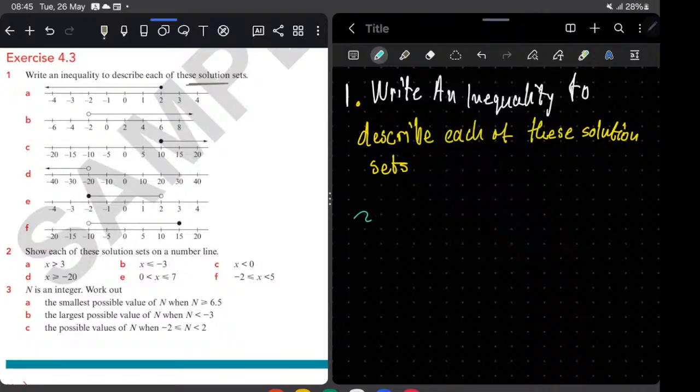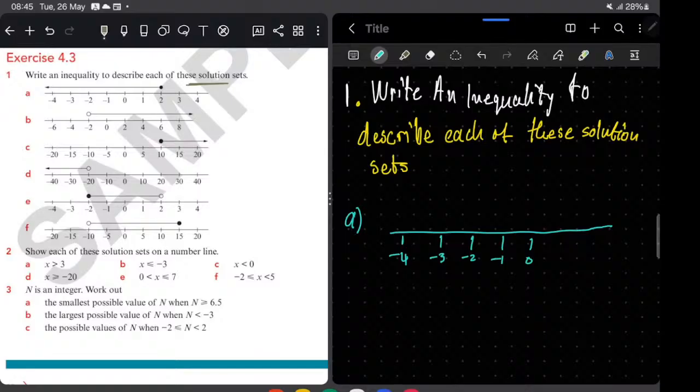And we had it as the first one, part A, you know, we had -4, -3, -2, -1, 0, 1, 2, 3, and 4.